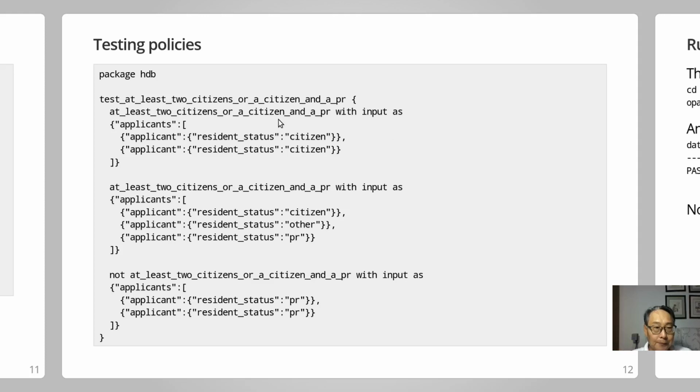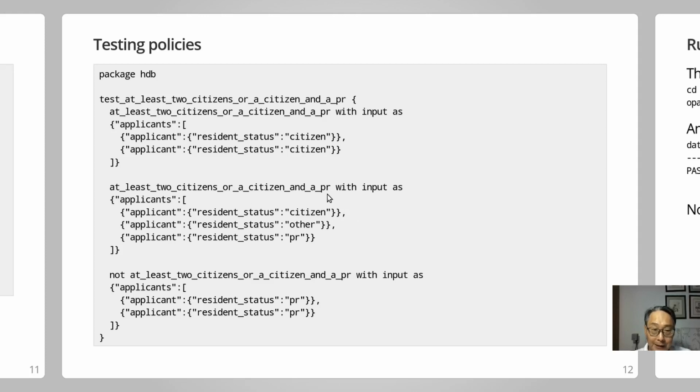So this is the rule. At least 2 citizens or a citizen and a PR. If I change the input and I give it as this, now that looks like a JSON document because it is a JSON document. So here we see 2 applicants, both citizens, and it should pass. Here we have 3 applicants, 1 citizen, 1 other, and 1 PR.